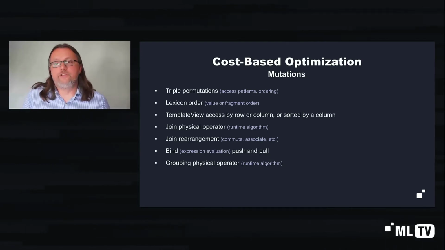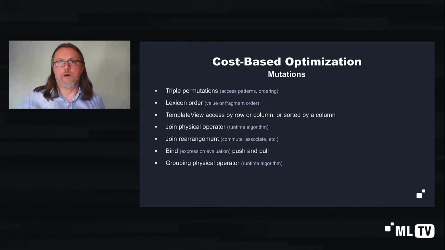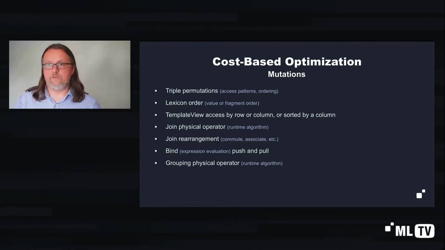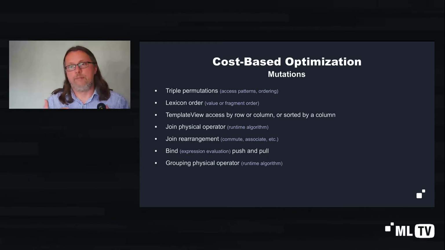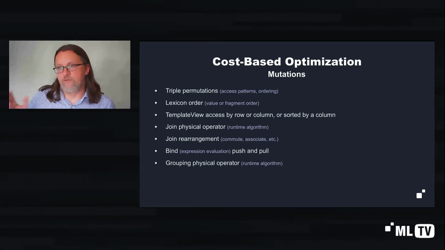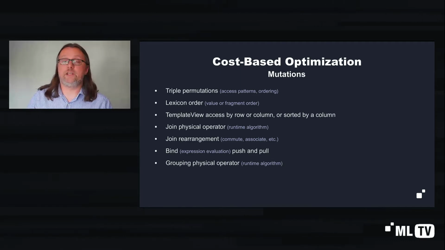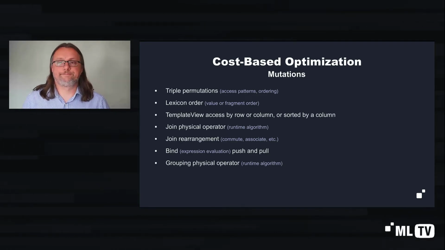The reason to do that is by pushing down, that is pushing towards the leaves of the query plan, or by pulling back, that's bringing it back towards the root, we might be able to execute the bind expression fewer times, because there may be fewer rows by pushing it down, or there may be fewer rows by pulling it back because it's back past a filter that's removed rows. Obviously, evaluating expressions fewer times is going to be better for our final runtime.